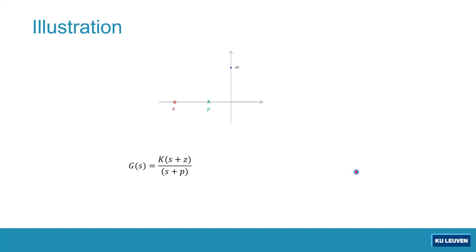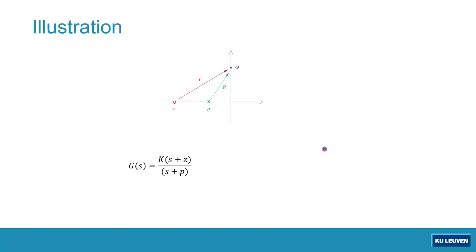Let's take a look at this simple illustration. I have a system with a transfer function G(s) where the DC gain is K. I only have one zero at negative z and one pole at negative b here.